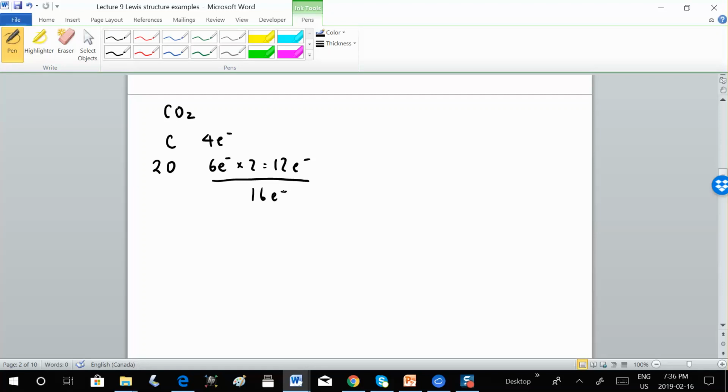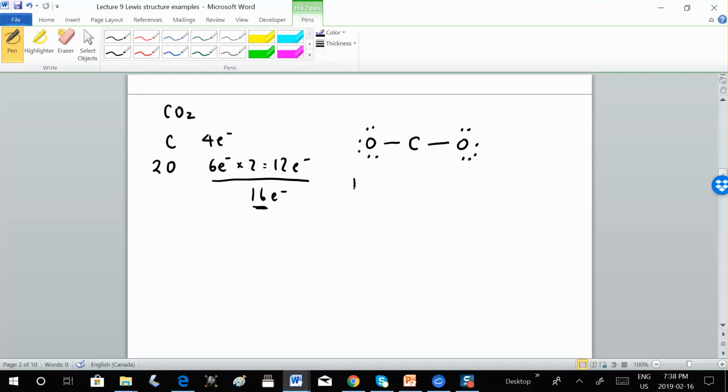So my first attempt at CO2: skeletal structure, carbon in the center, oxygen, oxygen. I use up 2 single bonds, which is 4 electrons, and I should have 16 electrons. 16 minus 4, I have 12 remaining electrons to put on the terminal atoms to fulfill the octet. 1, 2, 3, 4, 5, 6, 7, 8, 9, 10, 11, 12, and I'm done.